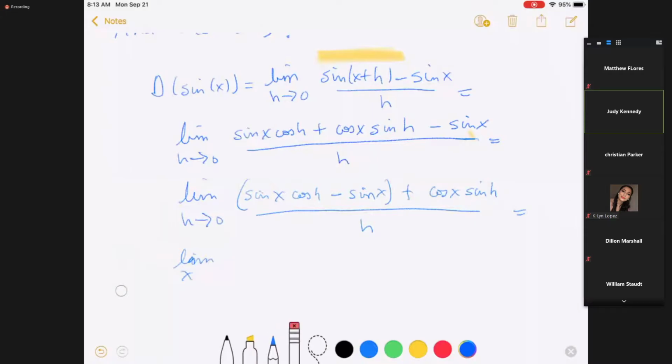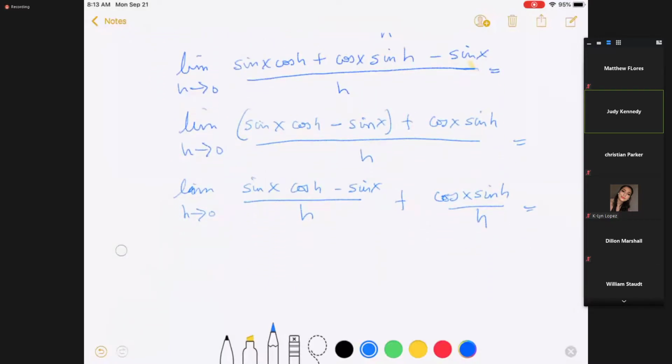Not x, h. So sine of x cosine of h minus sine of x, all over h, plus, right, I rearranged it. Okay, so I've got that. Now I have the sum of two things inside the limit, so I can break it into the sum of the limits.